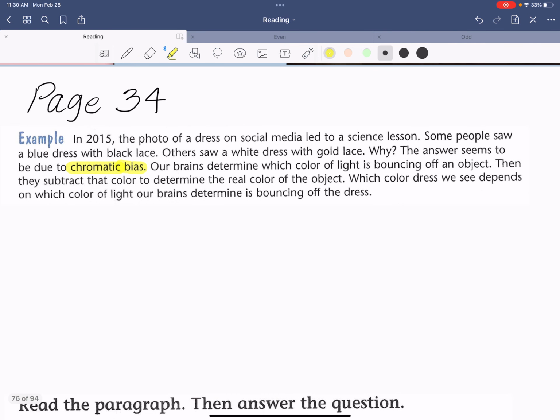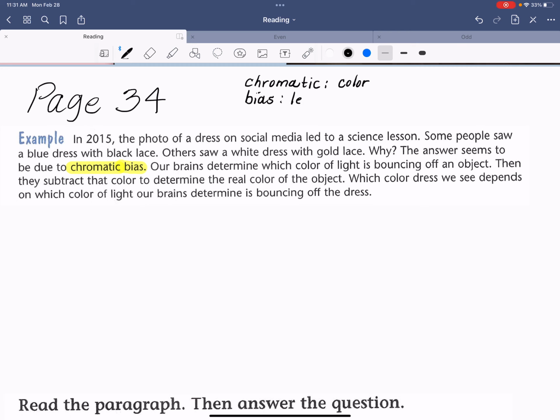So let me just break that down for you. The first thing I want you to know is that anytime you see chroma, think of color. So if you see that prefix or even root, it can be chroma, you are looking at color. So chroma means color, therefore chromatic has something to do with color. And bias, you may have heard this one.